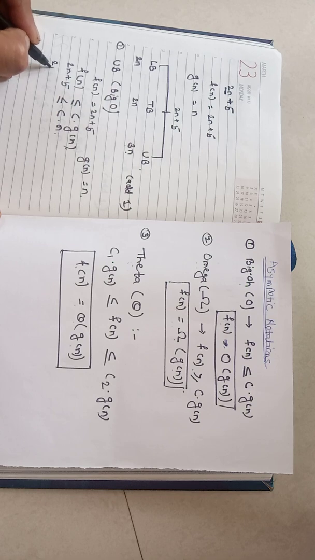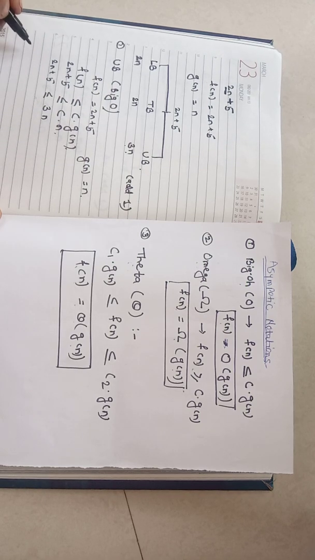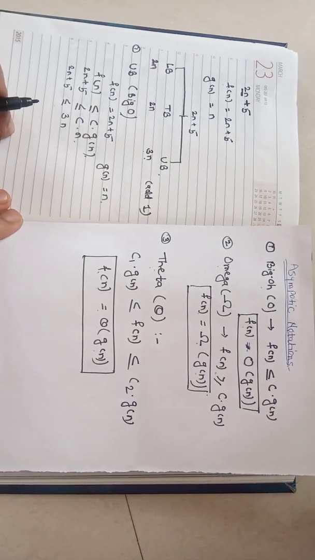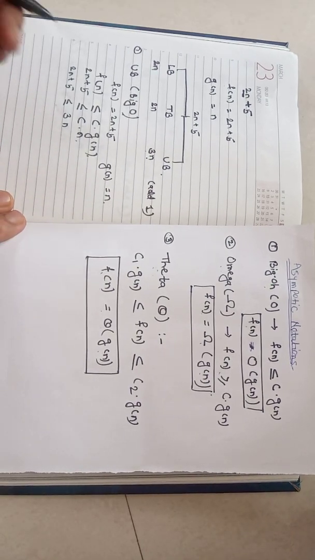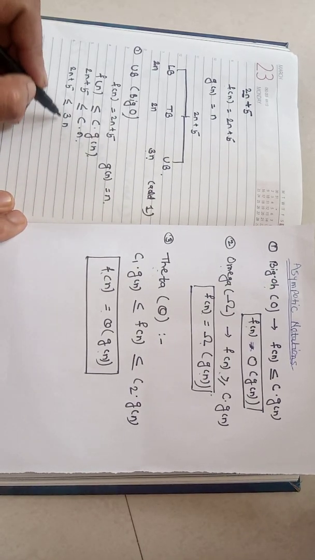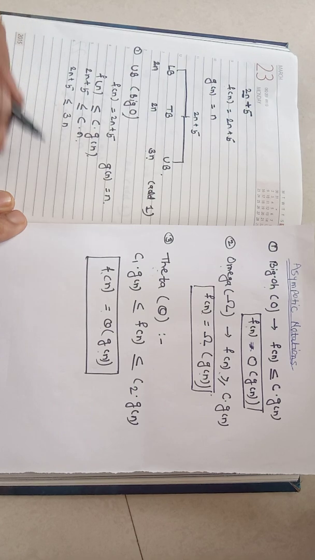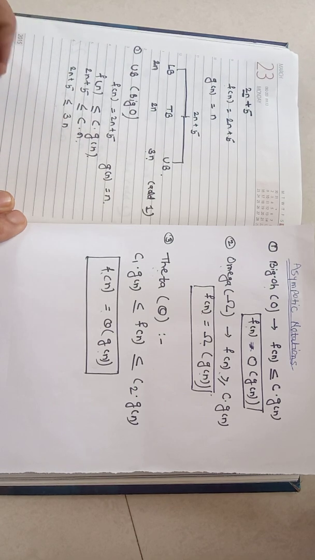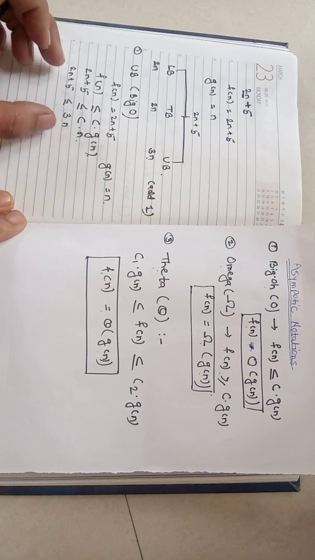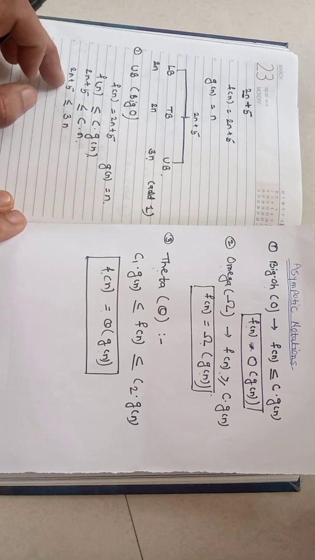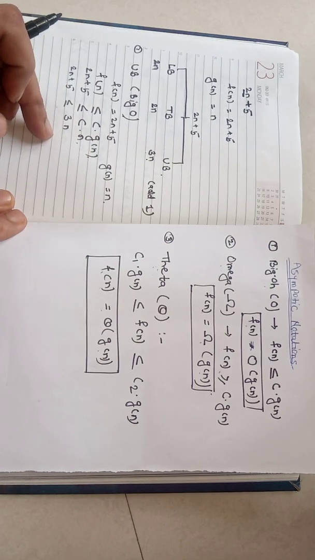So 2n plus 5 is less than or equal to 3n. Fine. So we have to calculate values of n until the equation becomes true. We will put consecutive values of n, and so on, until the equation becomes true.